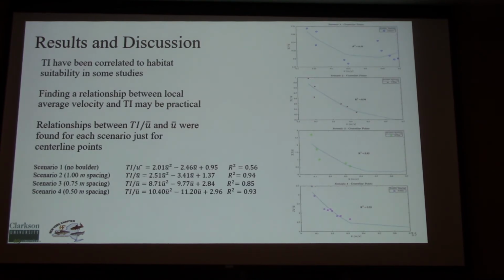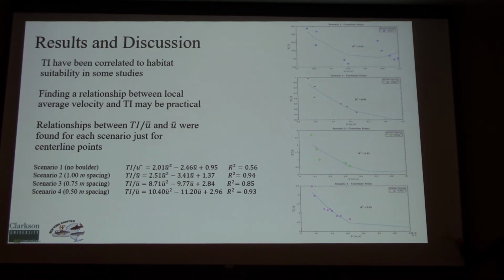Turbulence intensity has been an important parameter in some studies. They have used that to study suitability of a habitat for fish in terms of turbulence. So we tried to find a relationship between turbulence intensity and local average velocity.